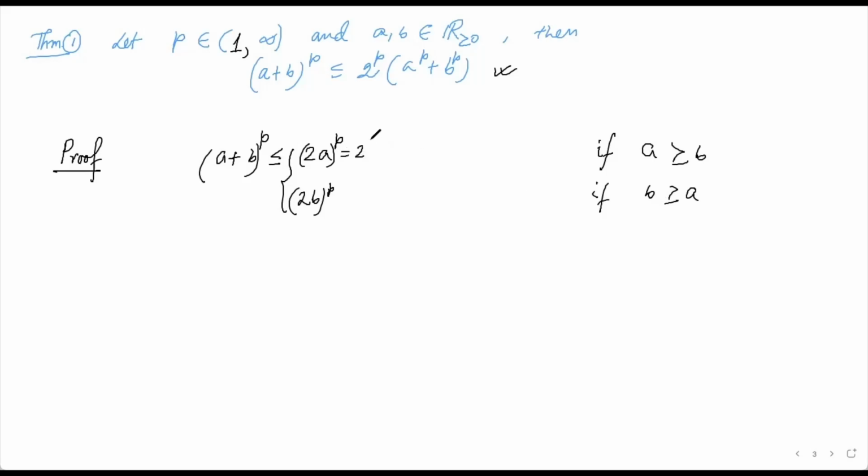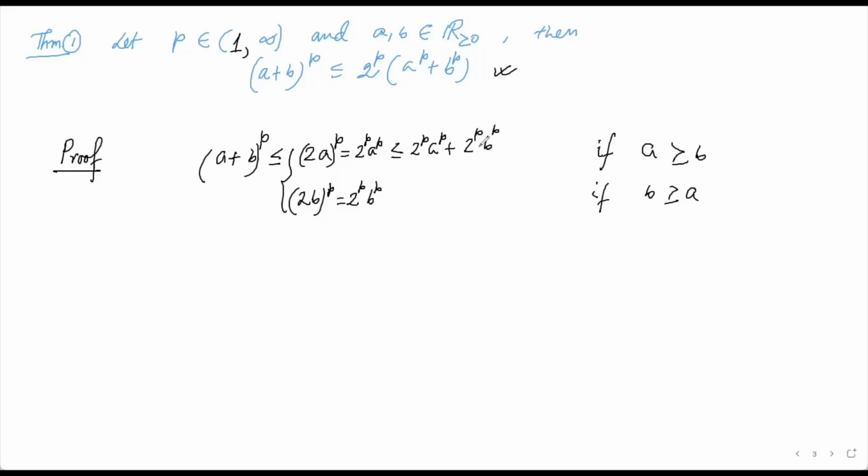This is equal to 2^p times a^p, and this is equal to 2^p times b^p, and this is less than or equal to 2^p times a^p plus 2^p times b^p.